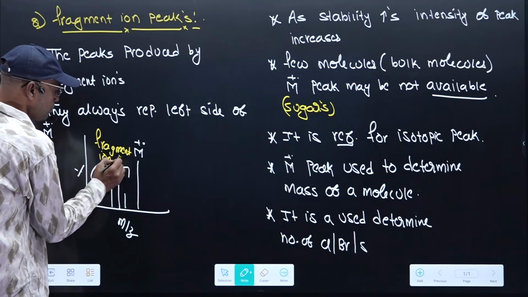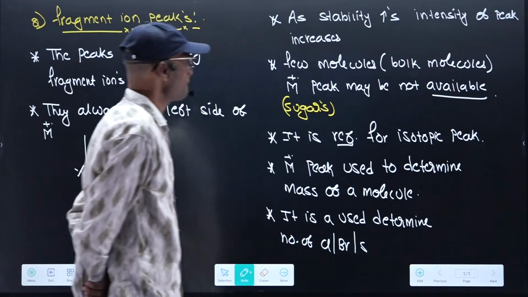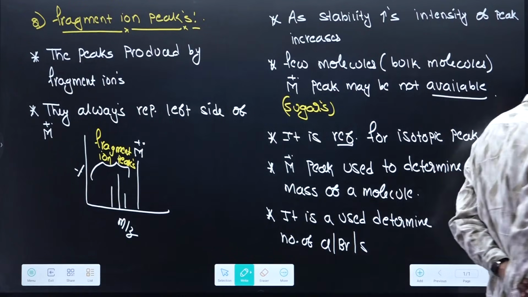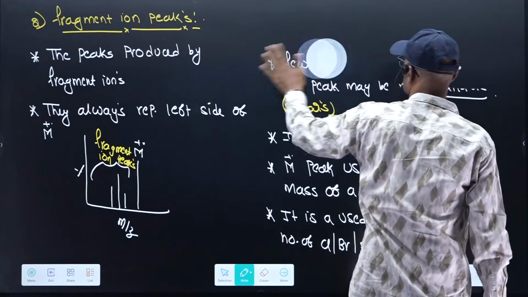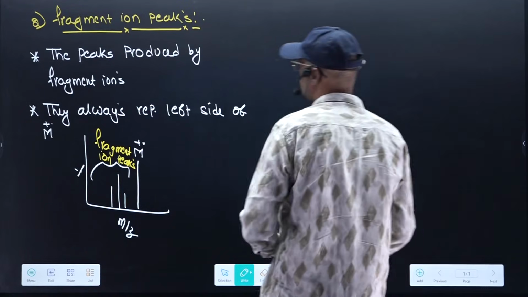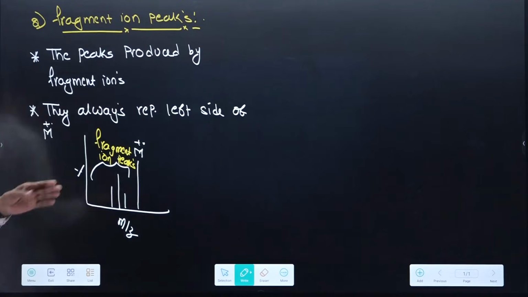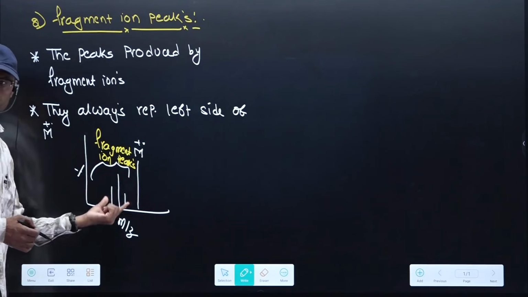A fragment ion is nothing but an ion produced by the molecular ion, or the molecular ion undergoes successive fragmentation to give fragment ions. Always, fragment ions are represented on the left side of the molecular ion.